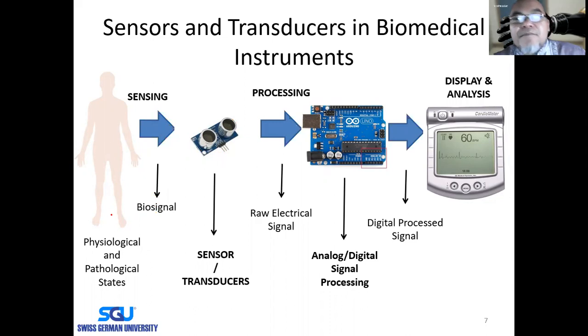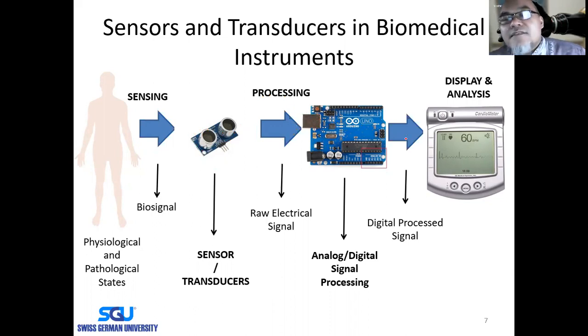It captures the physiological and pathological states of the subject's body, in the form of what we call biosignal, and converts it into raw electrical signal. The raw electrical signal later can be further processed, either using analog or digital signal processing.